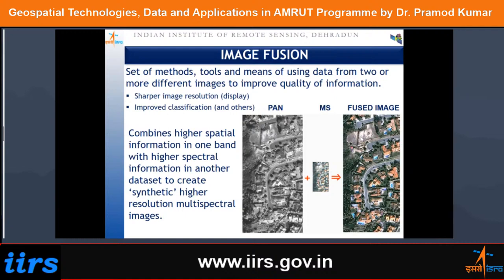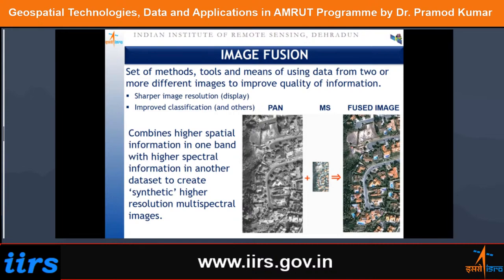Once this image database has been created, one has to extract the information, and that information has to come into the GIS. So what is GIS? GIS is a computer-based system that provides the capability to georeference the image for data management, manipulation, and analysis. Why do we bring the data into the GIS?